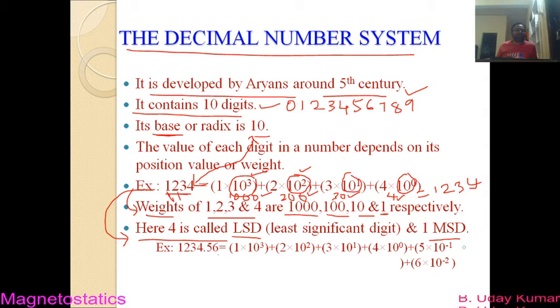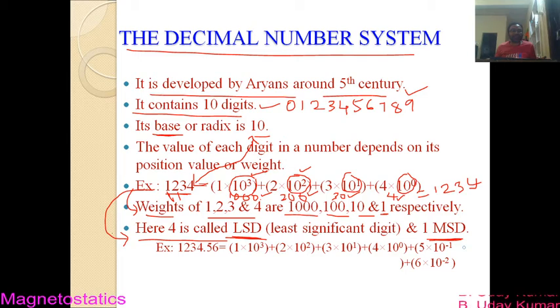The 4 has the least value, its position value is 1, and hence we call it the least significant digit. And 1 has a weight of 1000, which is higher, and hence we call it the most significant digit. I hope it is clear.